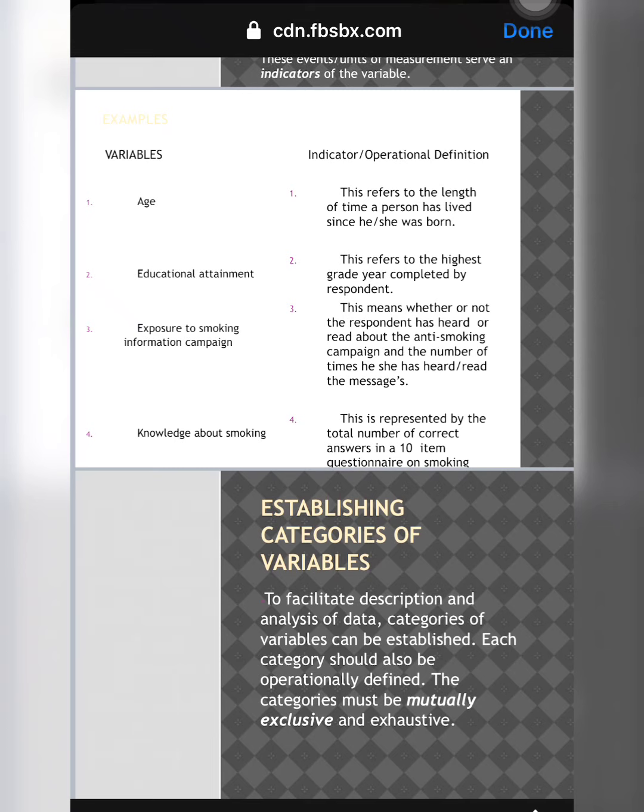Ito ay tumutukoy sa haba ng panahon na nabubuhay ang isang tao mula nung siya ay sinilang. The second is educational attainment. This refers to the highest grade year completed by a respondent. So ito yon, tumutukoy sa pinakamataas na taon na baitang na matapos ng respondent.